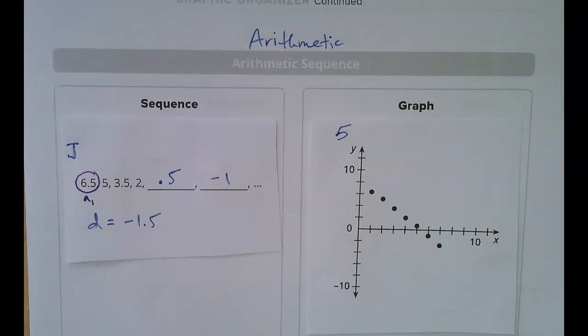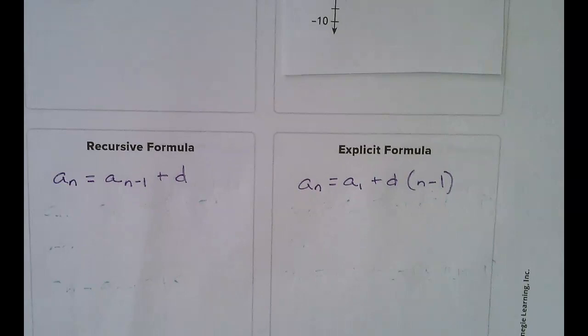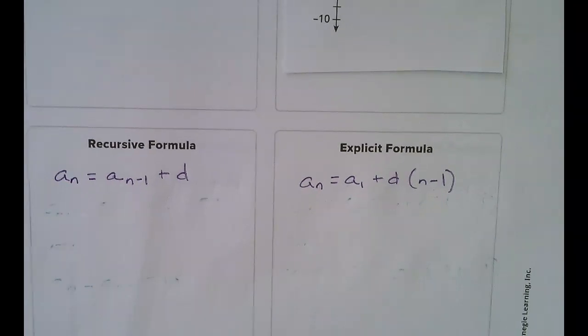Now that we have these two pieces of information, we're ready to write our recursive and explicit formulas. The recursive formula is the kind of formula you use if you know the term that came before the one you're looking for. So in this case, if we were looking for term 7, we'd use the recursive formula if we already knew term 6.